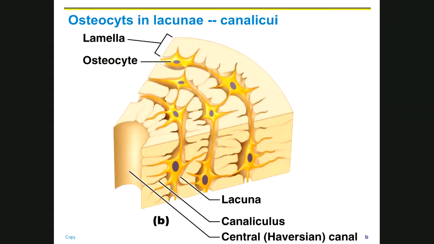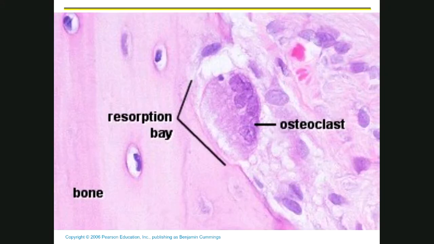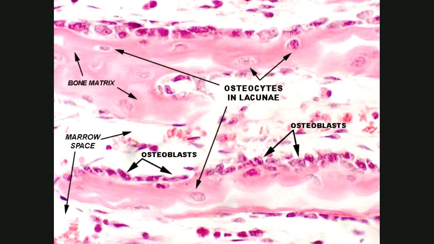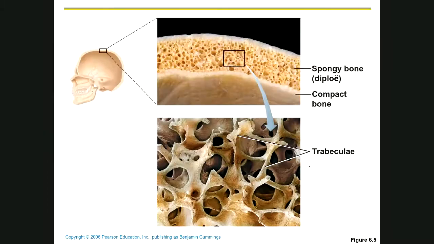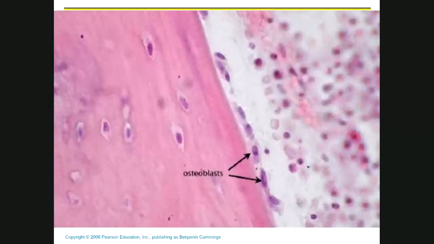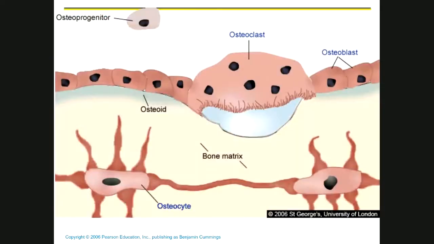So if we look at them, see if I can find the picture I was using before. So here are the 4 types of cells. So there's our stem cell. And it's going to divide and make more cells. And then some of those cells are going to become osteoblasts.